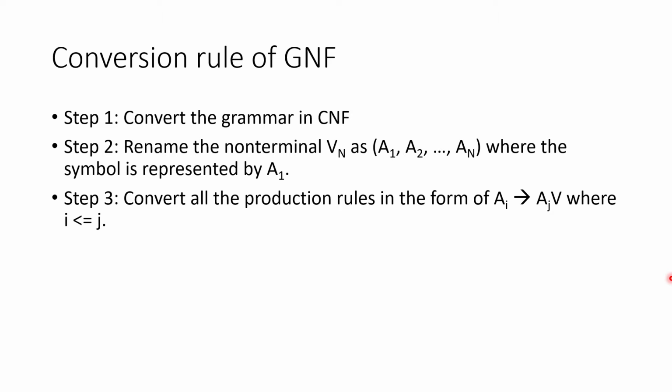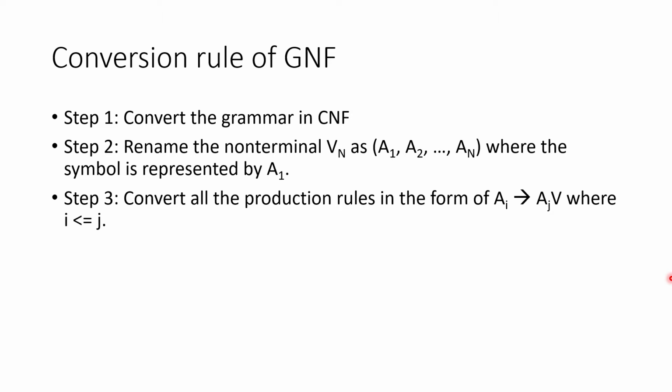So these are the three steps you have to follow. First, you have to convert the grammar into CNF. The first criterion for a grammar to be in GNF is that it has to be in CNF first. After that, we apply some special changes on the symbols of the grammar.